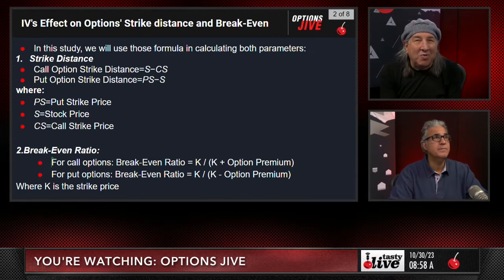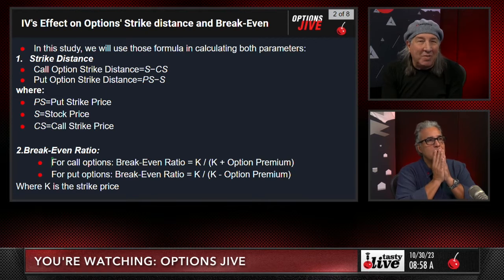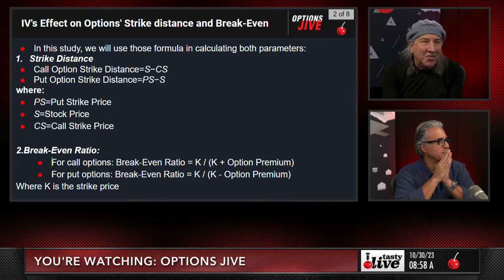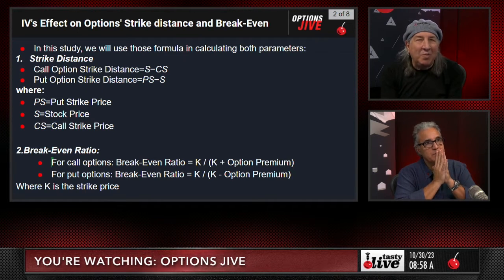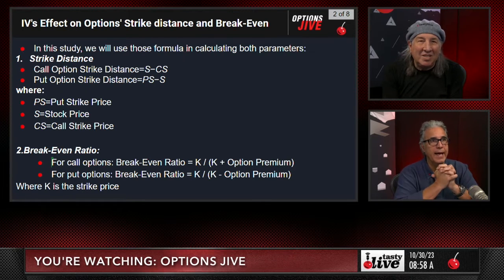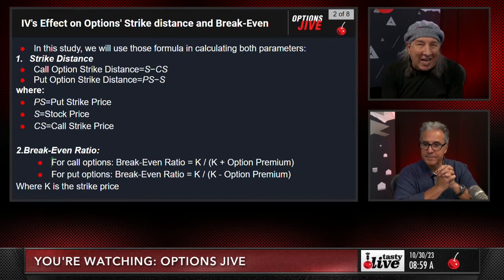For call options, the break-even ratio is K divided by K plus the option premium, K being the strike price. And for put options, it's the strike price divided by the strike price minus the option premium. So K is the strike price, so it's K divided by K minus option premium. So it's two different ways to look at it. Let's go to the next slide.